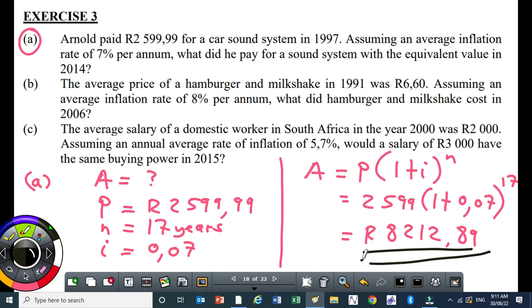In 1997, it was R2,599. By the way, I forgot to put the cents. Please put the cents and recalculate. Right, so that's the cost in 2014. So the price increased by over 300%.